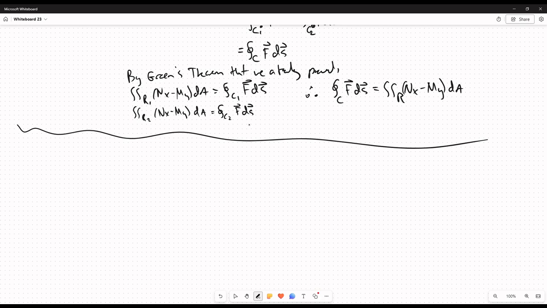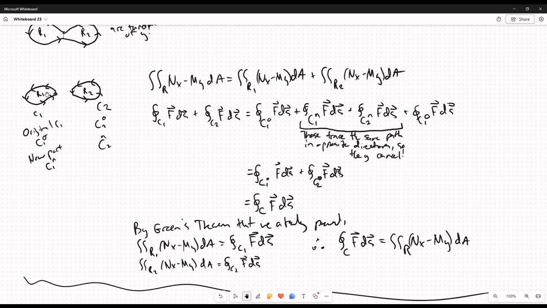You can use that same argument to show that for each pair of regions that touch each other, there will be a little boundary line, and those boundary lines will cancel each other out. So that will happen no matter how many. We just did it in the case where there's 2 regions, but you can certainly split it up into more regions. This argument does extend nicely.